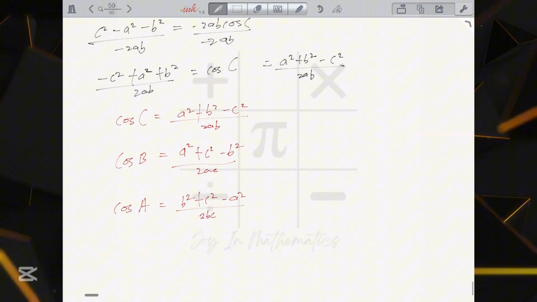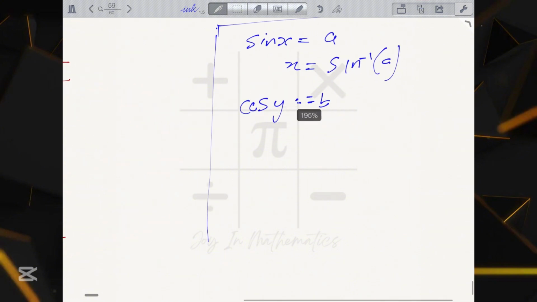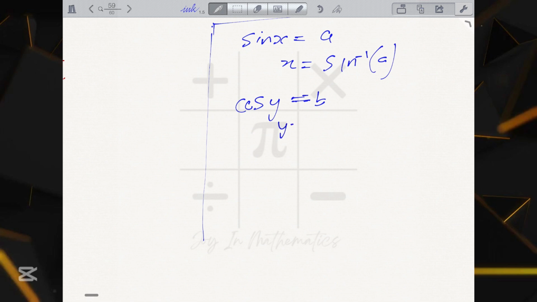Now if we proceed further, we can use the inverse trigonometric functions, where we remember that if sin x is equal to a, then x will be equal to arcsin of a; if cos y is equal to b, then y is equal to arccos of b; and if tan z is equal to c, then z will be equal to arctan of c.